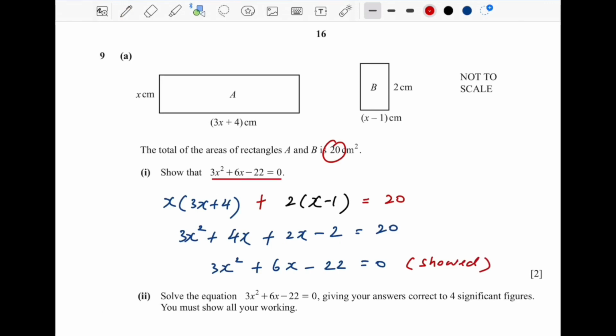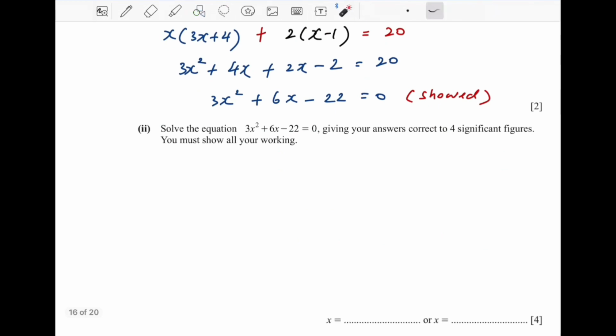Now the second question is to solve this quadratic. Give your answer to 4 significant figures. Whenever you see this, correct to 4 significant figures, you know that factorization would not work. If it's not factorization, you have two ways: quadratic formula or completing the square.